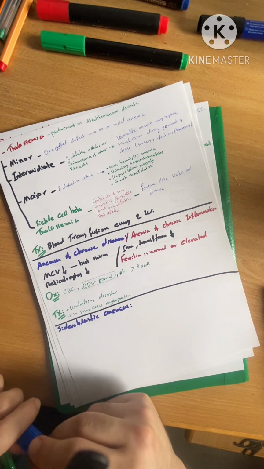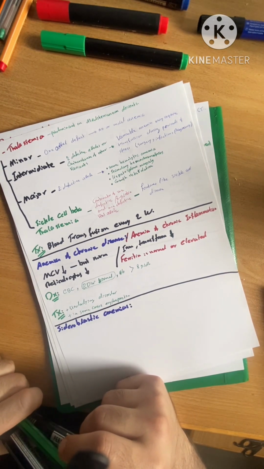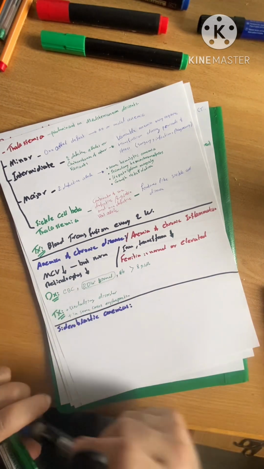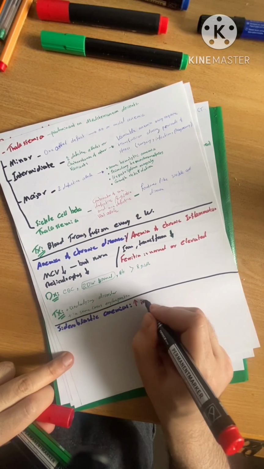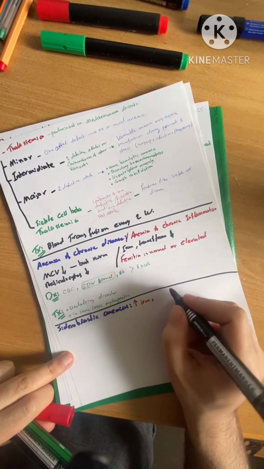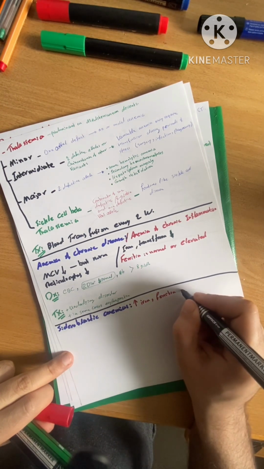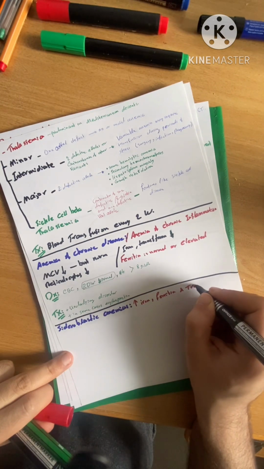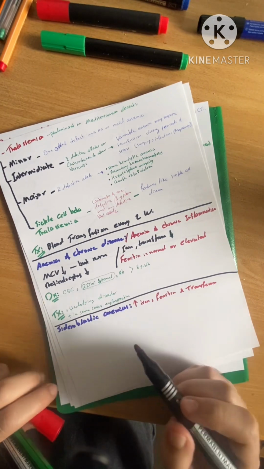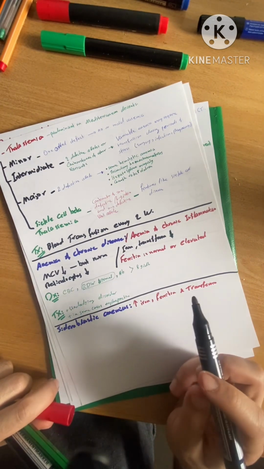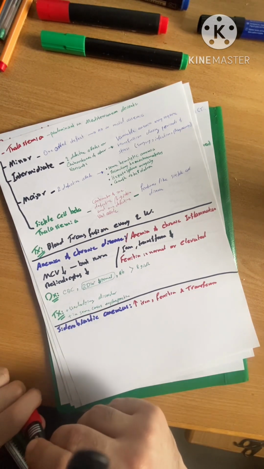Sideroblastic anemia is a group of anemias characterized by the presence of high iron levels, ferritin also high, and of course transferrin is high. Symptoms like any anemia: fatigability, lethargy, and so on.